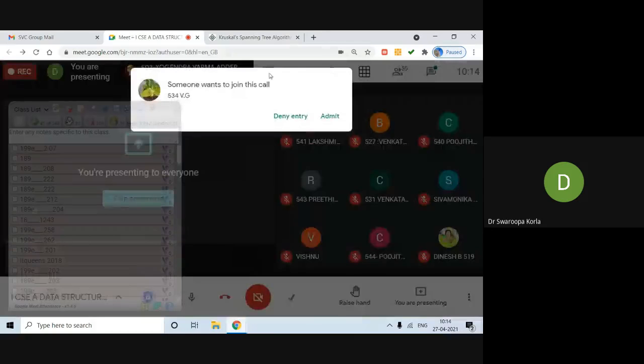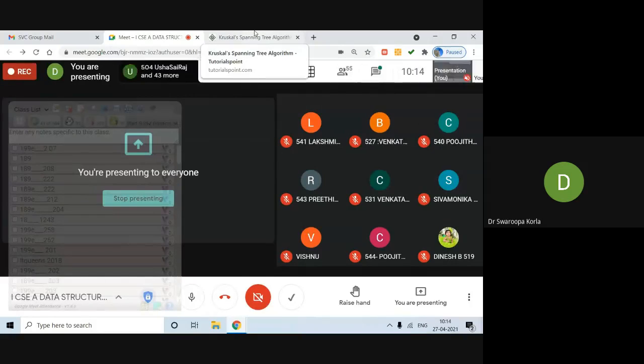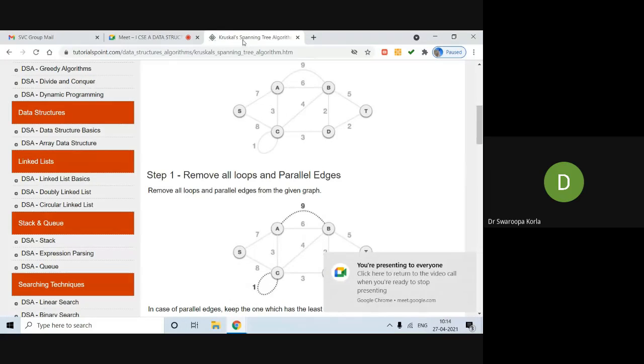Yes, I think it is clear now. And not only this, every edge which is connecting two vertices is represented with weight values, because we are considering a weighted graph here.